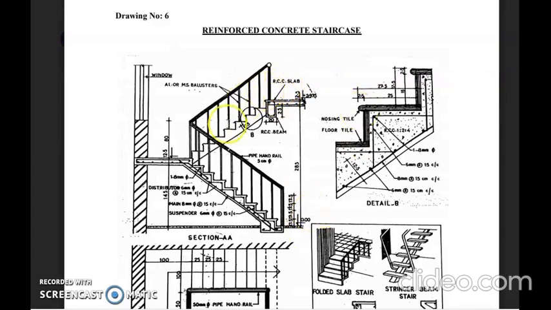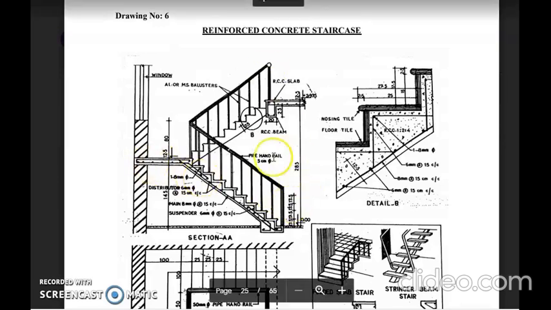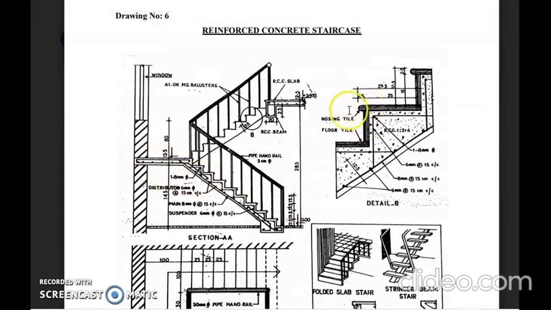And here we can see these vertical lines, the mild steel balustrades, and this piping of 5 cm thick called handrail. The PVC piping is given. Then nosing. Nosing means this projected part of a step.